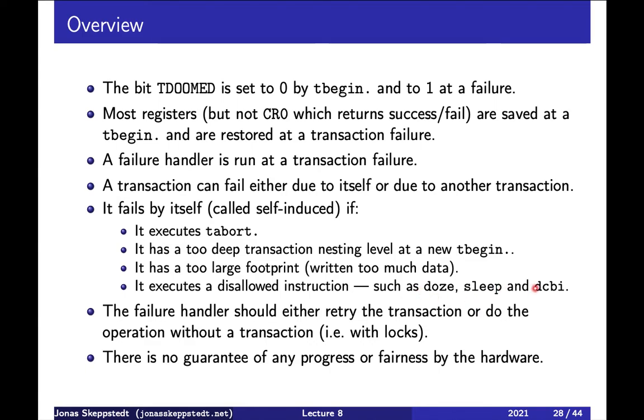What they do we can ignore, but this one is to enter a low energy mode, and this is data cache block invalidate. Okay, so it's sufficient to know that there are some instructions that are not very useful and even forbidden within a transaction.